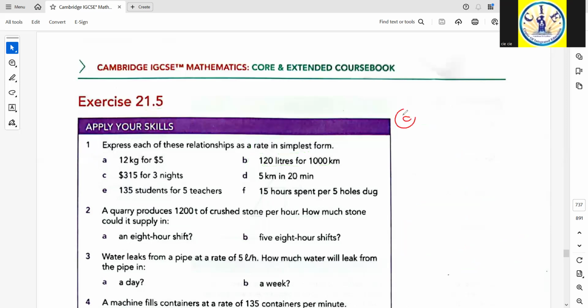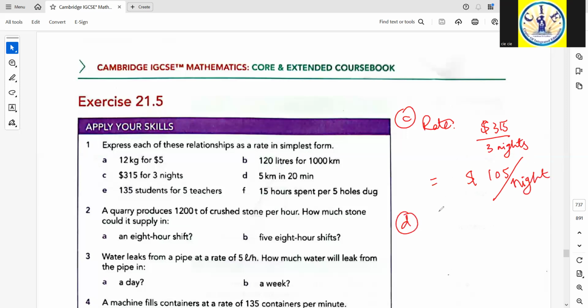Now part C, $315 for 3 nights. So simplifying it, we can have $105 for 1 night, or per night.